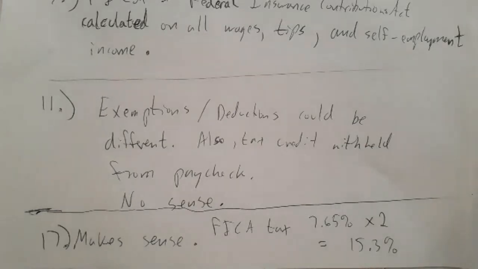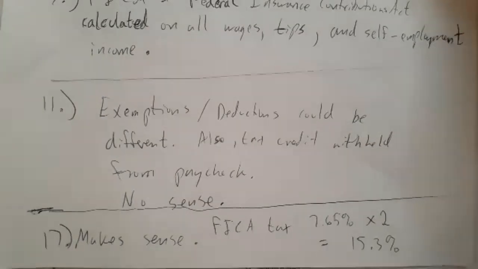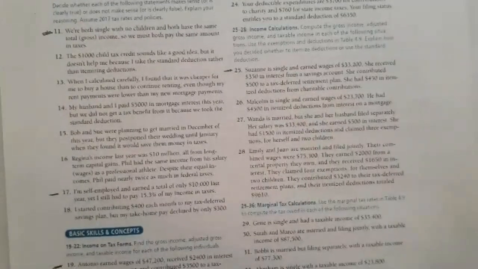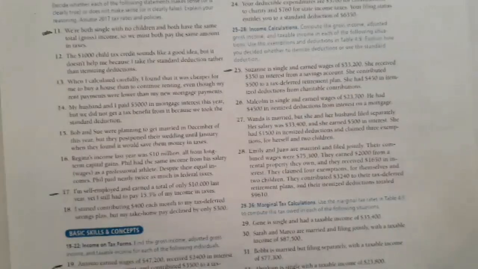But he's not paying income tax, yet he still has to pay FICA, right? Yes. And that's where that 15.3 comes from. And so that one's making sense, is what they're saying. Okay.